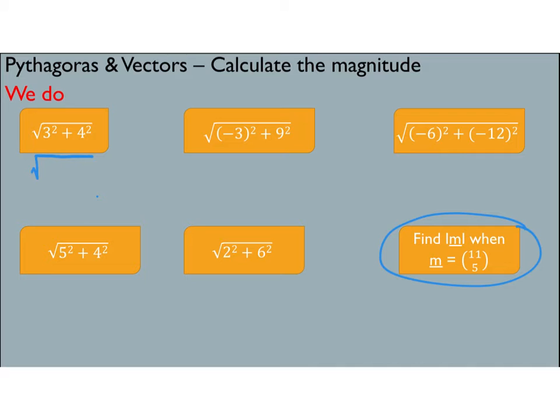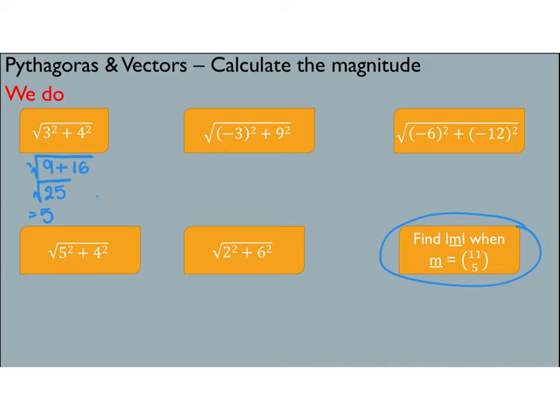I'm going to think about what 3 squared is, 3 times 3, and what 4 squared is. Again, I'm going to carry on with my tidying up under my square root sign. So I'll tidy that up into the square root of 25. And the answer to the square root of 25 is 5.